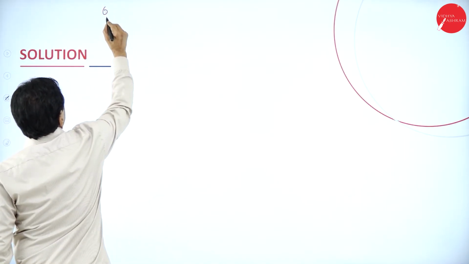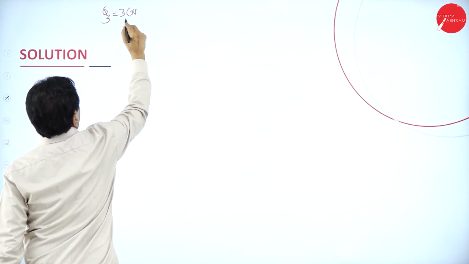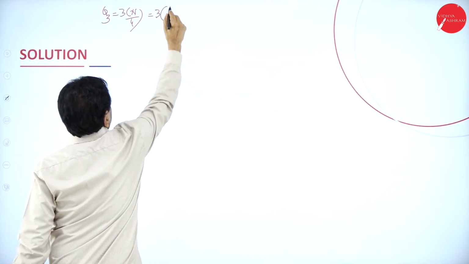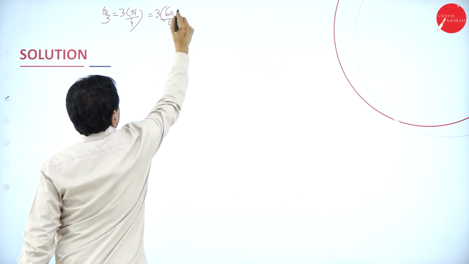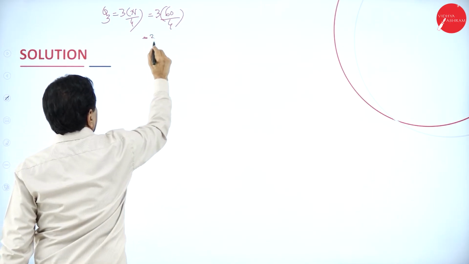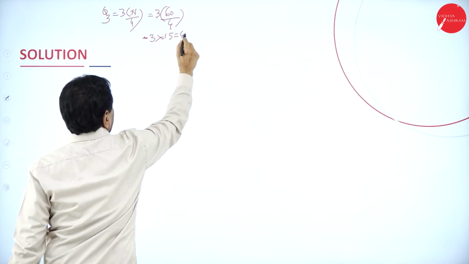Q3 is equal to 3 into N by 4. That is 3 into 60 by 4. 60 by 4 is 15, 3 into 15 is 45.